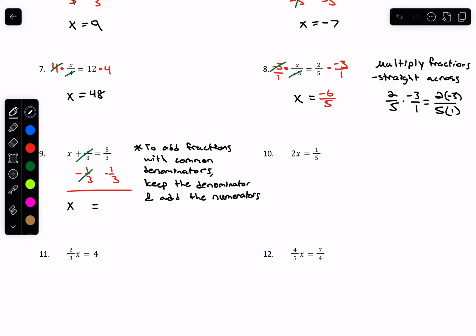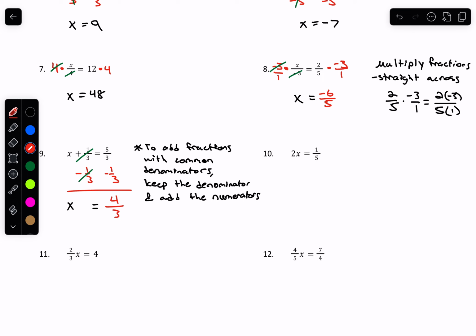So what we're going to do is leave that 3 on bottom, but on top, we're going to do 5 minus 1, which is 4. So 5/3 minus 1/3 is 4/3.